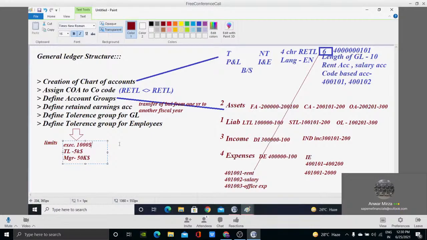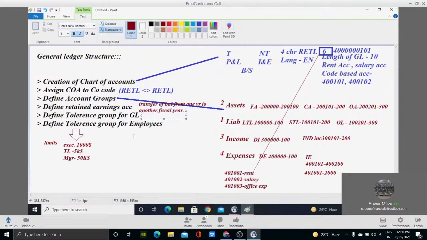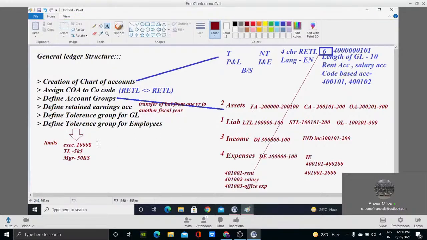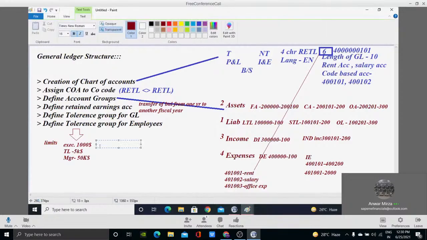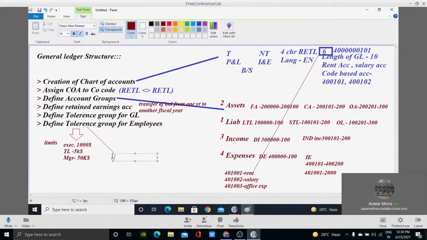So by using these two settings, you can set limit of posting either to a general ledger account or employees. Better not to keep limits here, but to keep limits for the employees. What happens when you set these limits, and these limits must be assigned when you create tolerance group? This tolerance group must be assigned to the user.